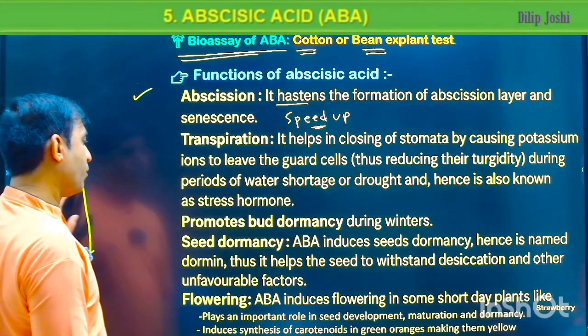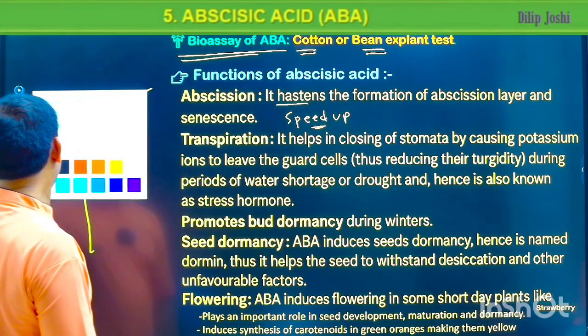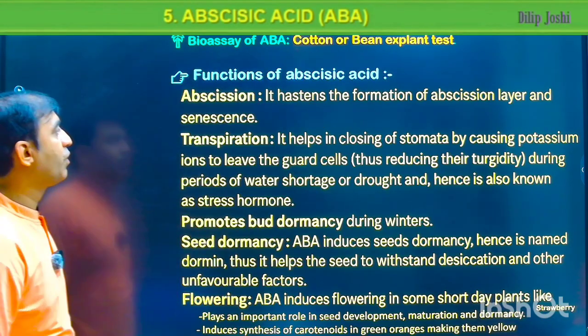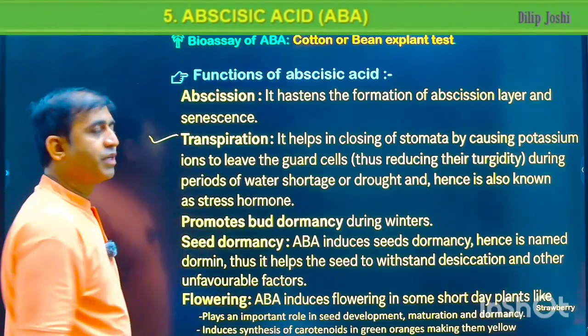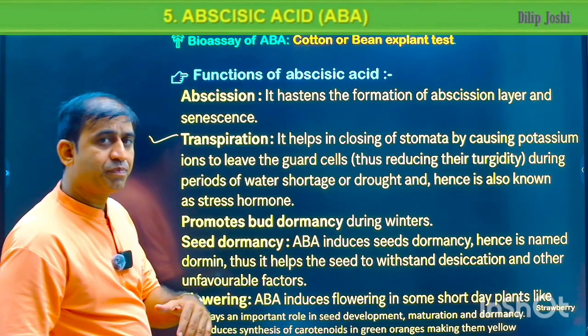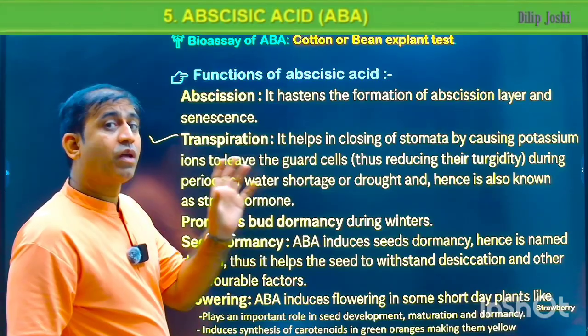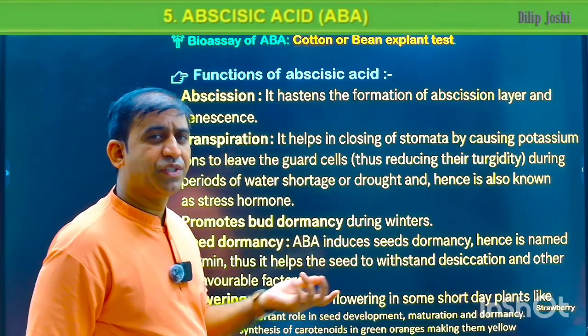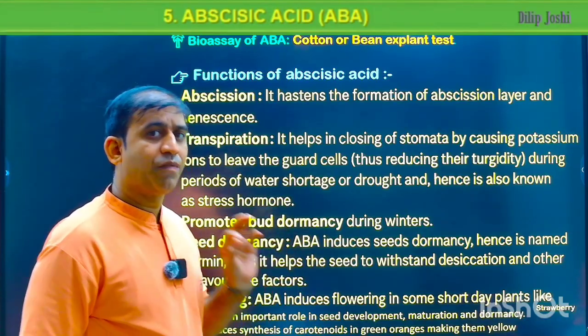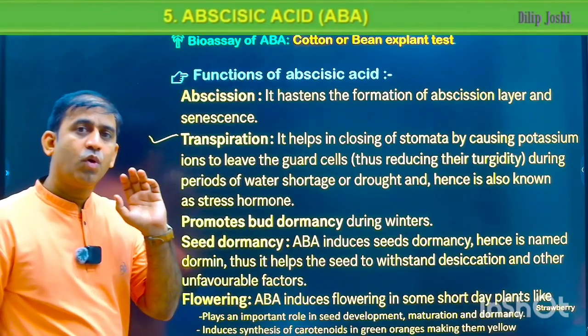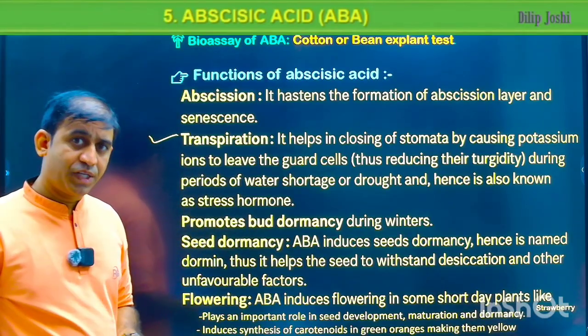Then it will promote the bud dormancy during winter. Then transpiration, I told you, it will close the stomata during hot climatic conditions, like in arid desert. So stomata will remain closed during the day to prevent the loss of water by transpiration.